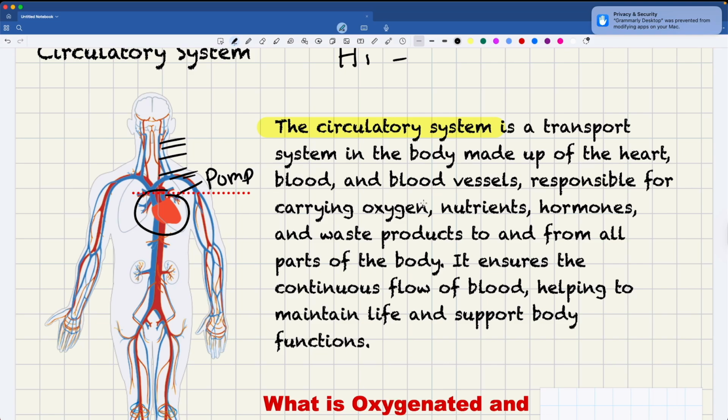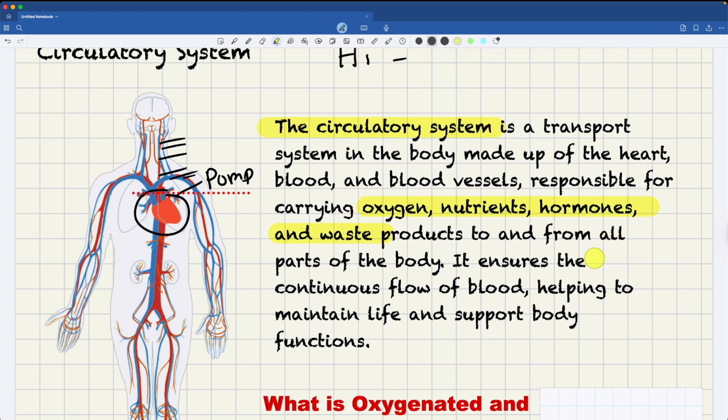So the simple definition is that the circulatory system is a transport system in the body made up of heart, blood and blood vessels, responsible for carrying oxygen, nutrients, hormones and waste products. Most people think wrongly and always think only about oxygen.